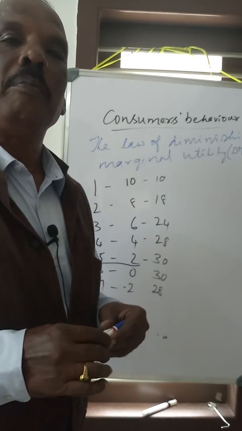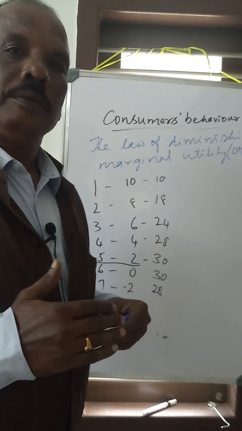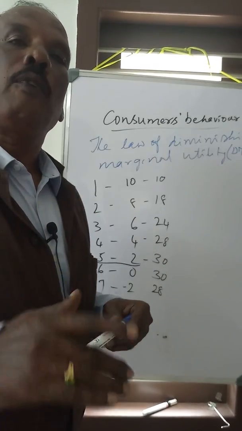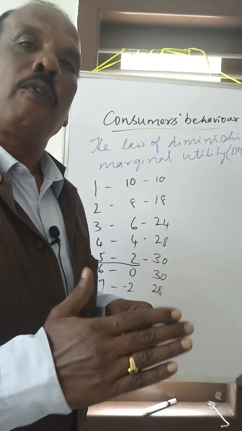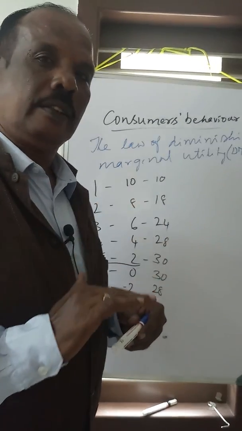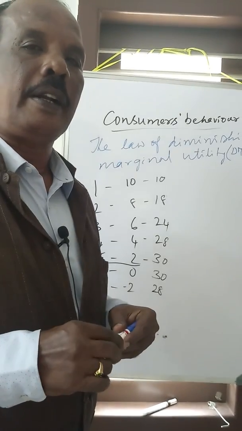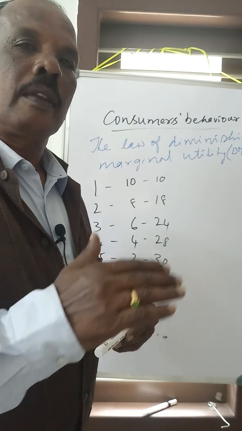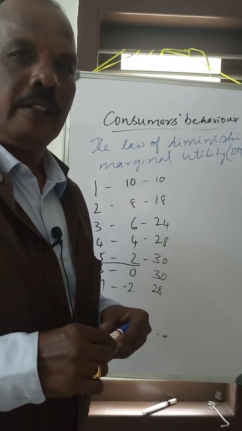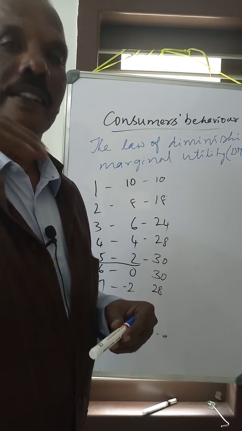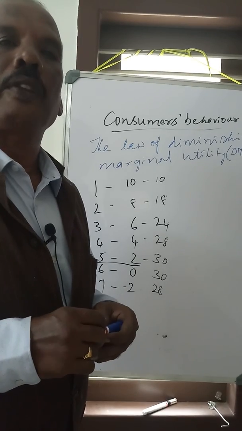We should not use other commodities except this variable commodity. The marginal utility of that variable commodity will eventually decline or diminish. That's the famous statement given by Professor Boulding.